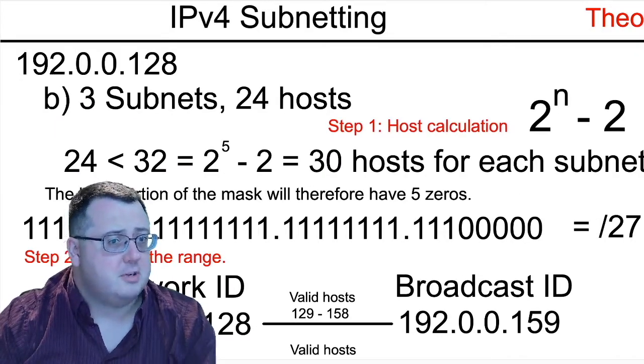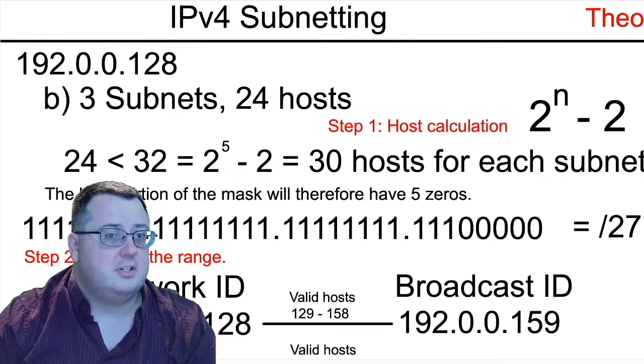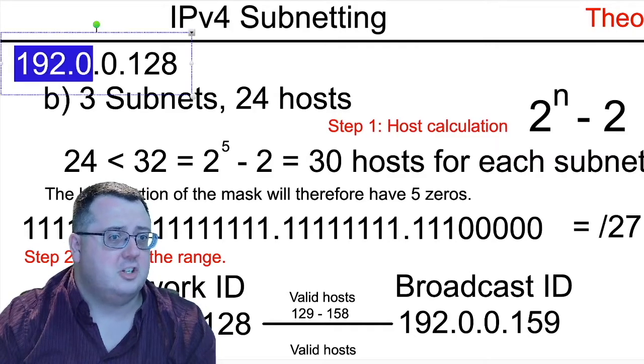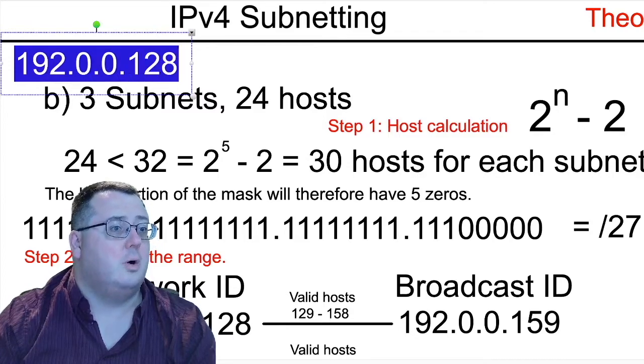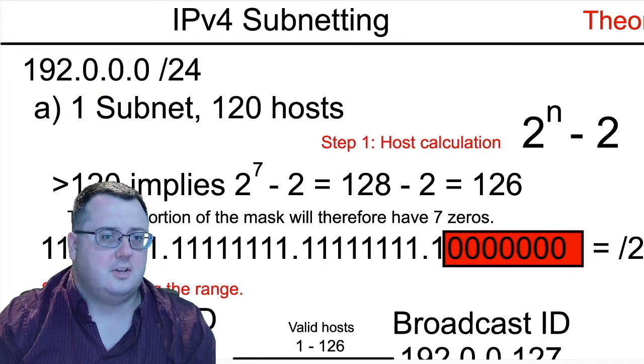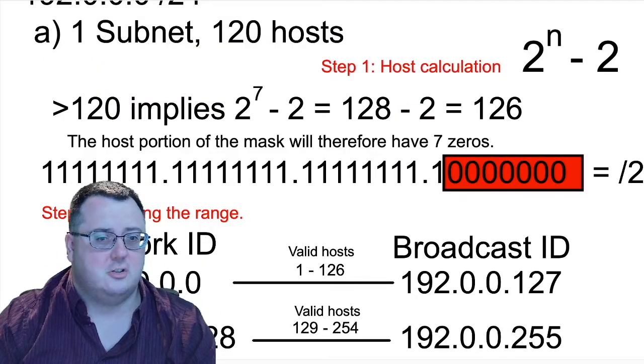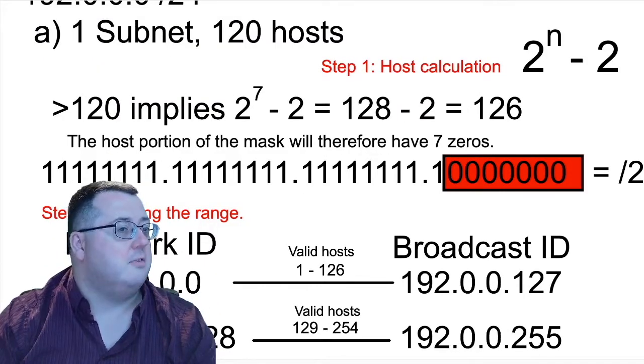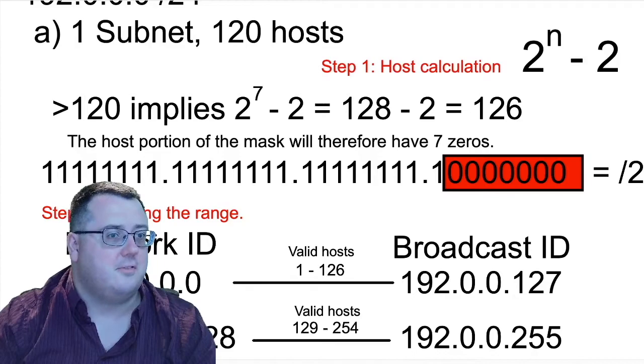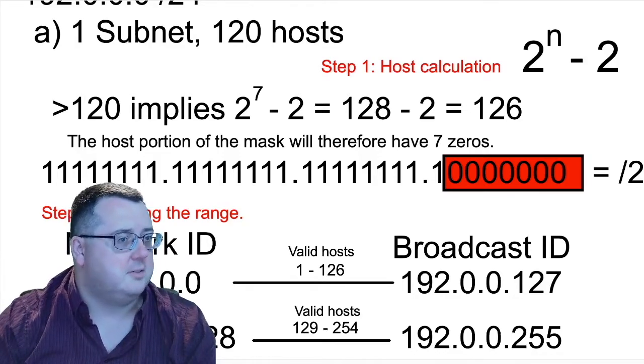Part B was 3 subnets and 24 hosts. Notice, by the way, I've started this range at 192.0.0.128. So I've excluded the first range of 0 to 127 because that's going to be used by the first requirement.